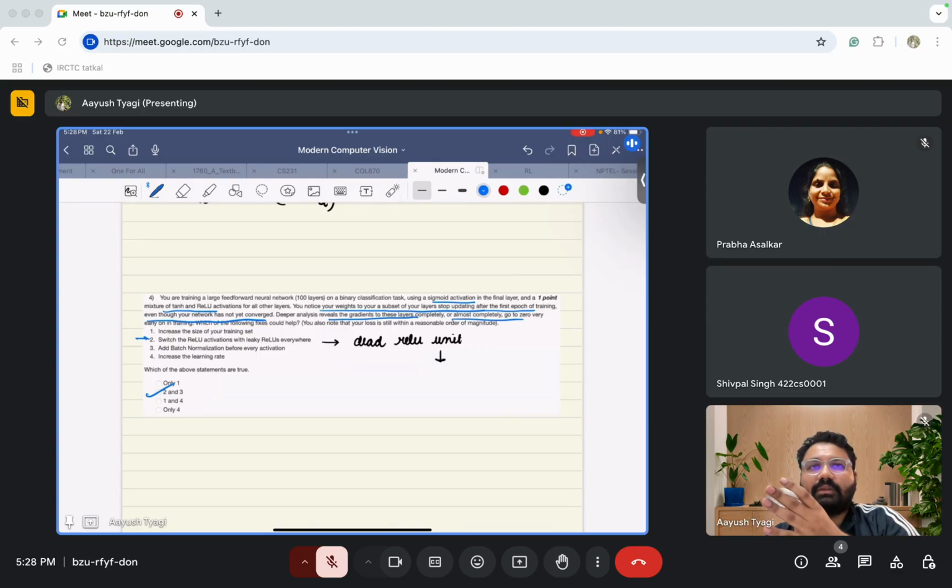So each batch has some sort of similar information in terms of similar mean information. If there is a large deviation, it's called the covariate shift. Batch normalization takes care of that. I think there is a very good paper on batch normalization, which is very useful if you wish to study it.